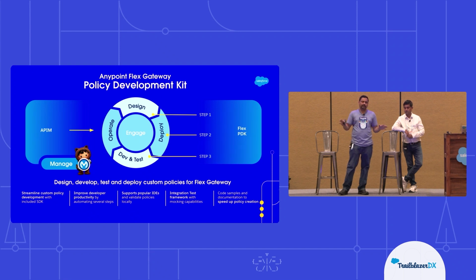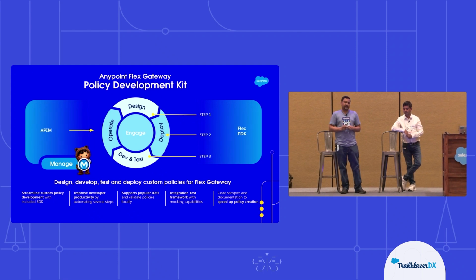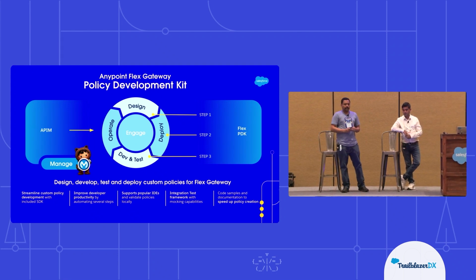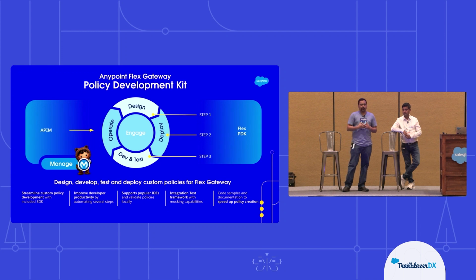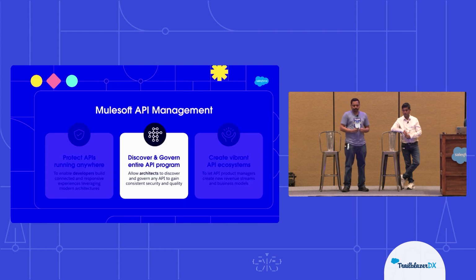And you can use the same interface that you have used before on the API Manager side to deploy these policies as well to the gateway. Now, we provide a huge amount of boilerplate codes for you to consume and just edit those boilerplate code that we have provided and publish your own policies onto Exchange and then use it on your gateway as well. So that's the Policy Development Kit.